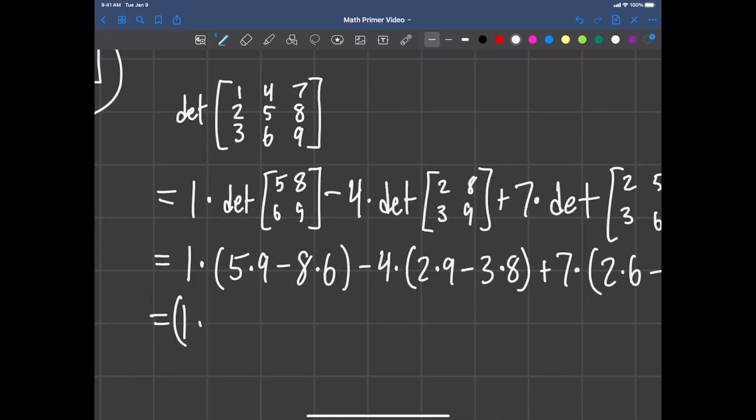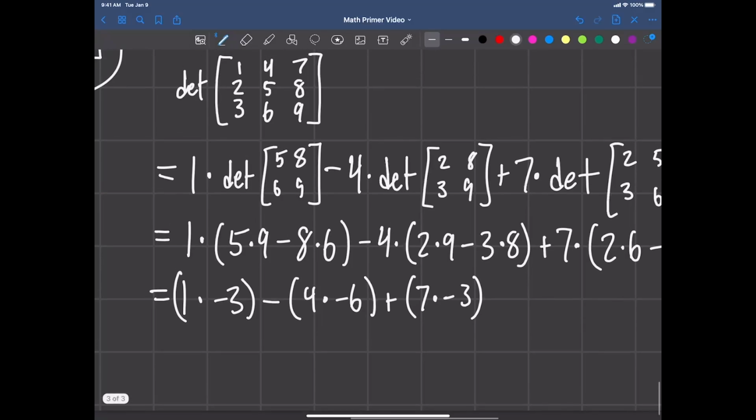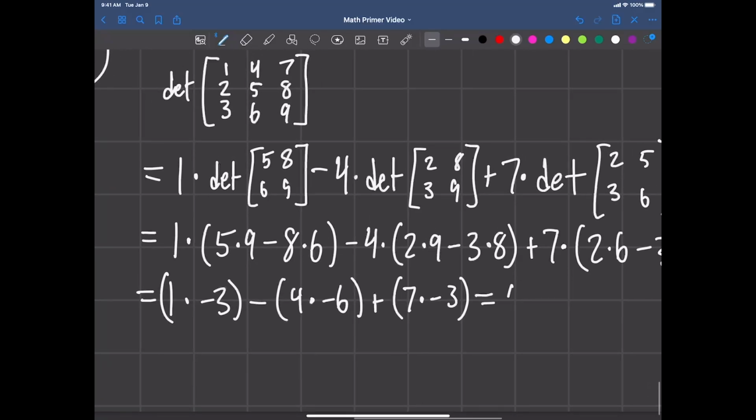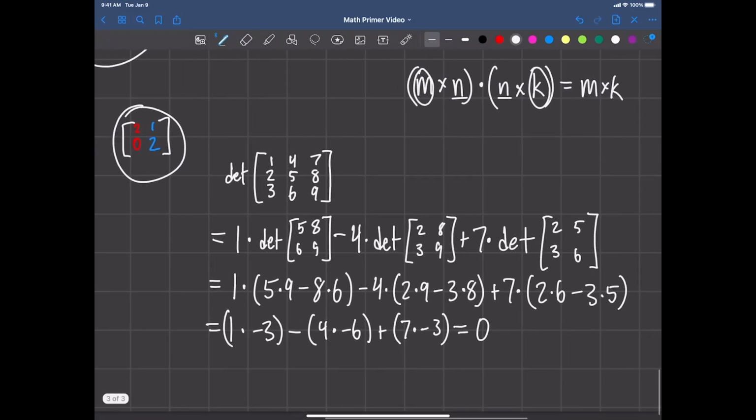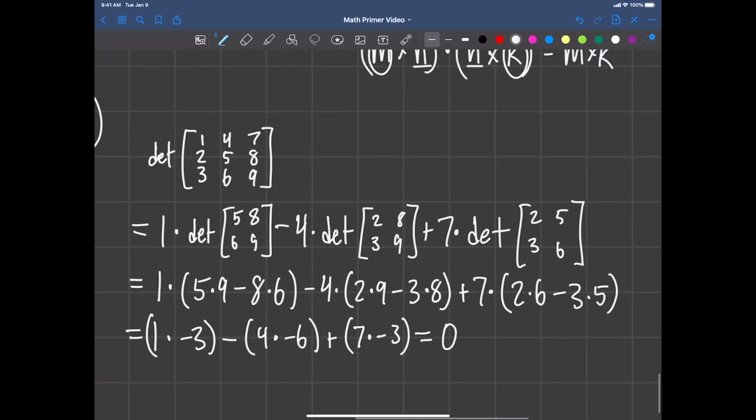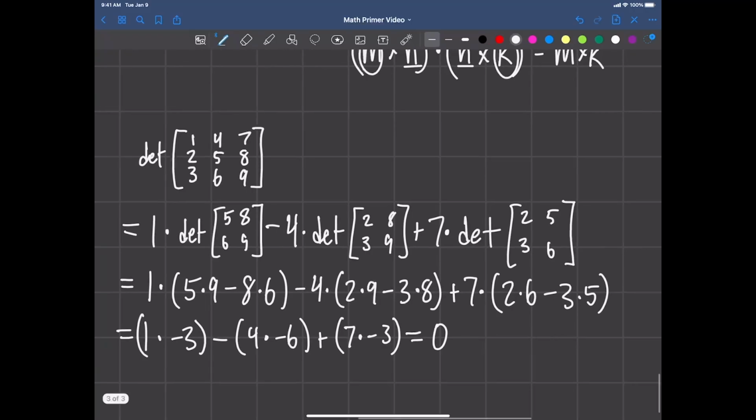This equals 1 times negative 3 minus 4 times negative 6 plus 7 times negative 3. And this actually equals 0, since negative 3 minus negative 24 plus negative 21 equals 0. Hopefully you can see the connection here to the cross product, how it's derived and calculated spatially.